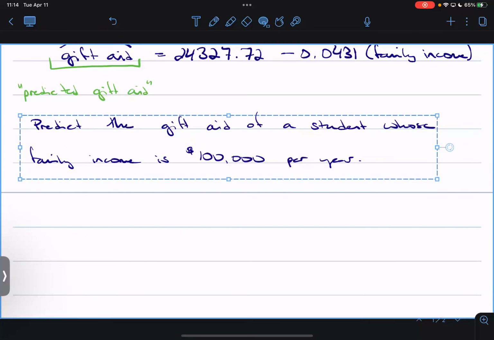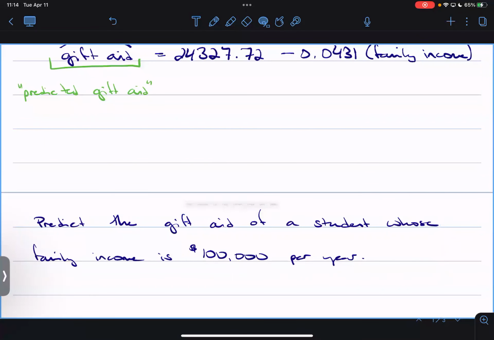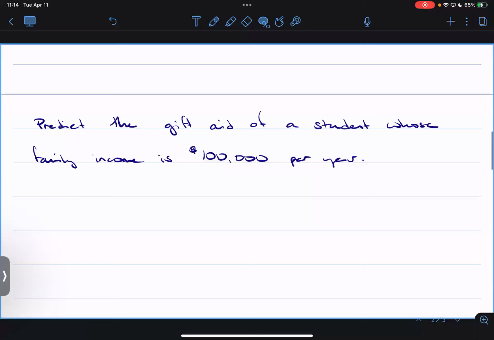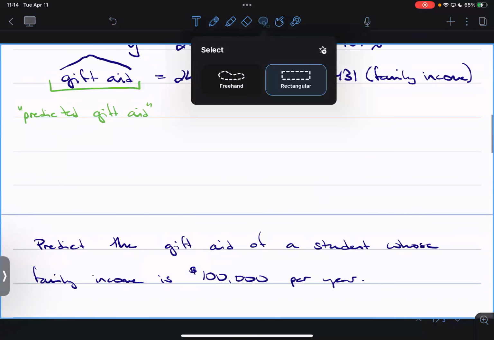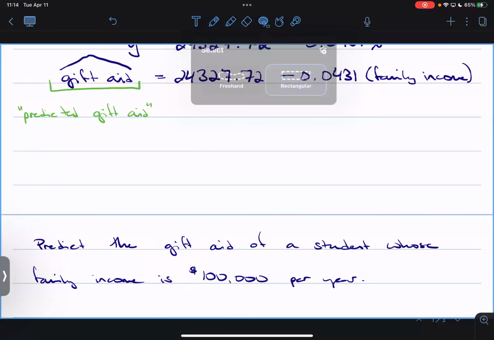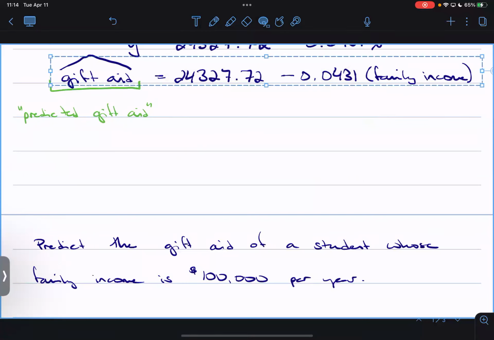I'll put it on its own page here. There. So then, just stealing this because I don't want to type or write it out again.